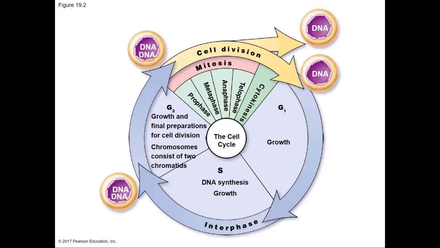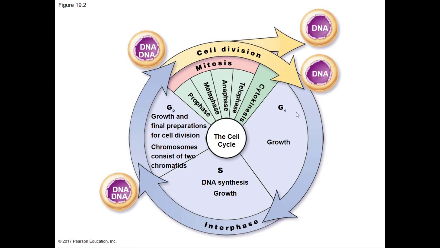So here's a graphic of what's going on. Let's just look at the right-hand side. Following cell division, you're going to have two identical cells. Let's now take one of these cells through the next 24-hour process. After mitosis, it's going to enter this period known as G1, which is a growth phase.